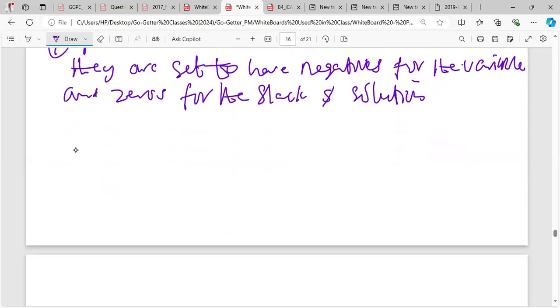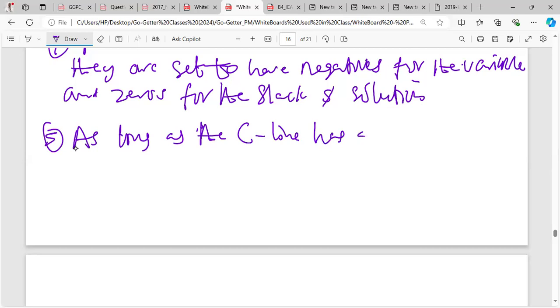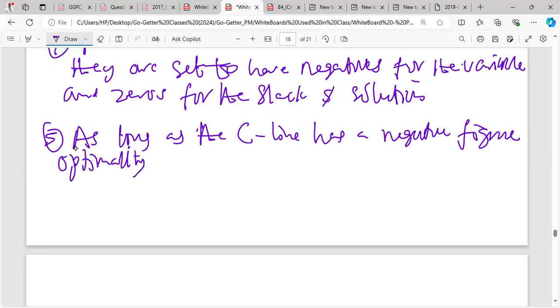And the fifth one is, as long as the C line has a negative figure, optimality is not reached.